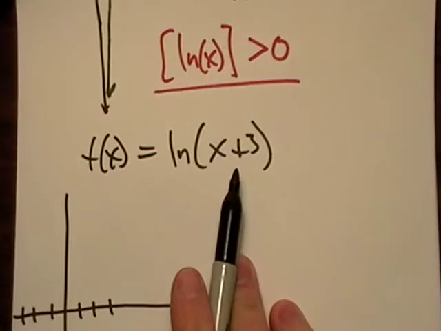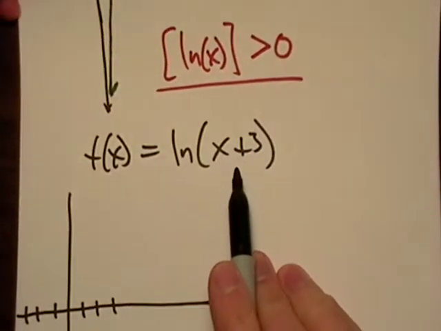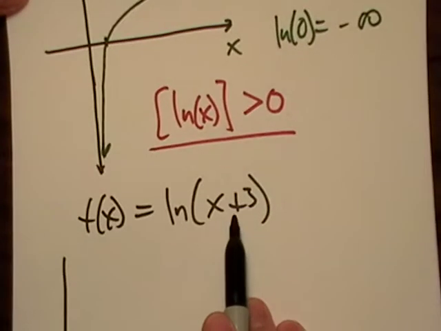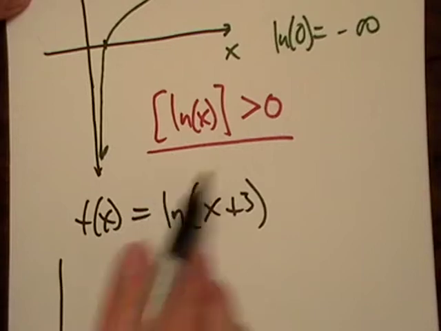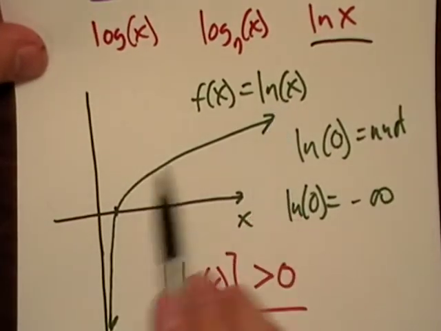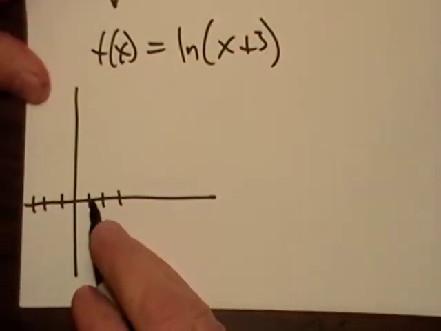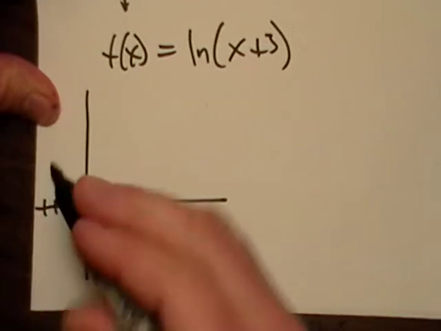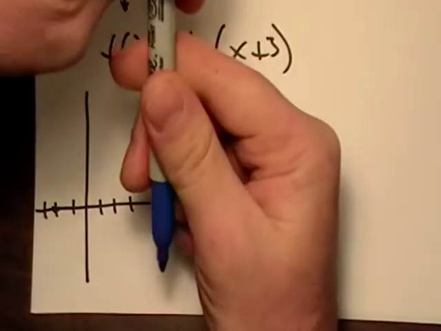Remember from transposing functions, when you add, you back it up that way, and if this was a subtraction problem, we'd move it over to the right. It did intersect at x equals 1, and now it looks like it's going to intersect right there.